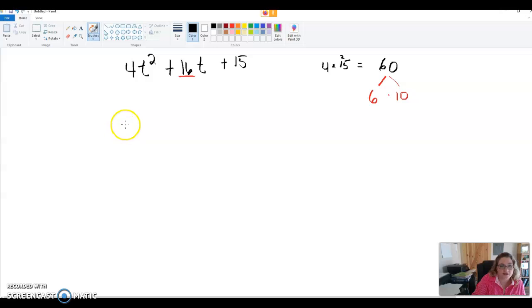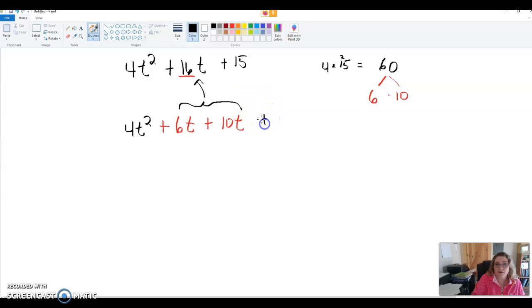So let me go ahead and rewrite this. So I have 4t squared, plus 6t plus 10t. Okay? And remember, this 6t and this 10t are taking the place of this term right here. And then we have plus 15.